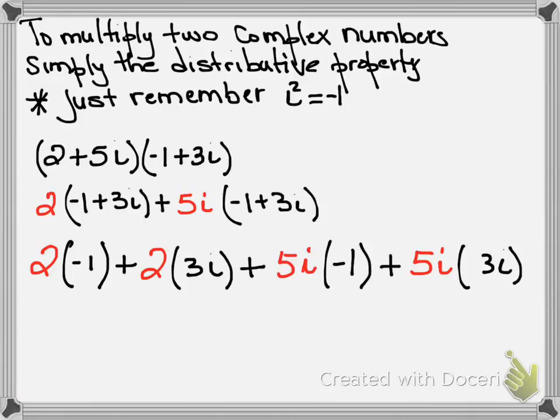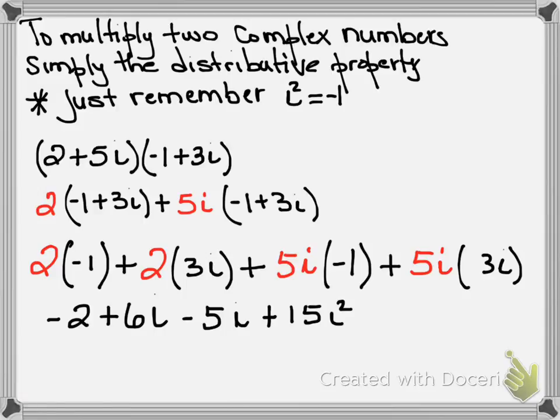The 2 multiplies the -1 and the 2 multiplies the 3i. Similarly, the 5i multiplies the -1 and the 5i multiplies the 3i. And now, ladies and gentlemen, as a result, we have the following: -2 plus 6i minus 5i plus 15i squared.